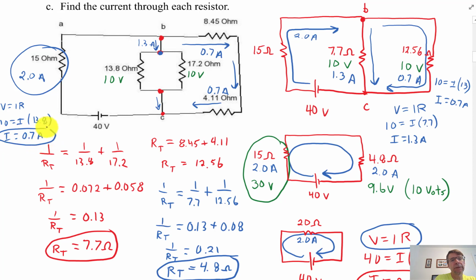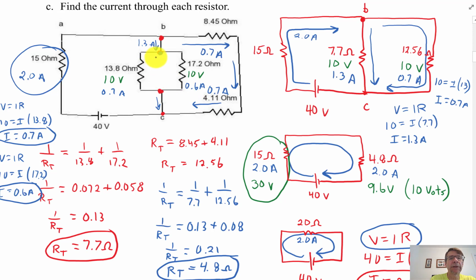That's the current in this resistor. All right, but then in the 17 ohm resistor, we have V equals IR over here on the right. So we have 10 equals I times 17.2. If you do the calculation, you get I equals 0.6 amps. So over here you have 0.6 amps.